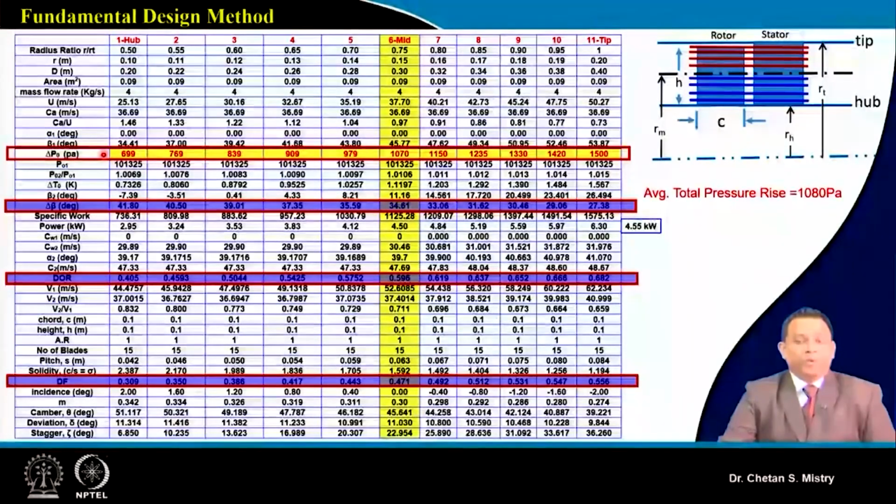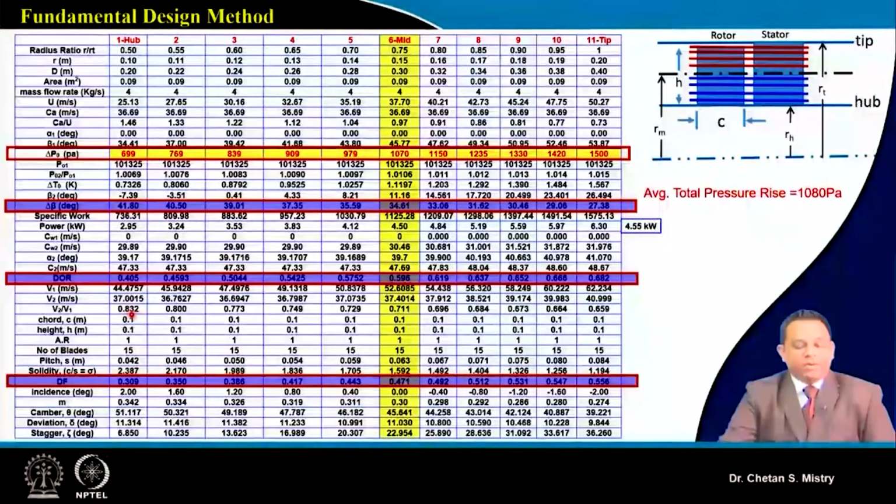Now since we have arranged it in a systematic way, you can see this delta beta has a particular trend. In the same way, you will find a particular trend for diffusion factor too. Keep an eye on the degree of reaction, which is varying from 0.4 to 0.68.